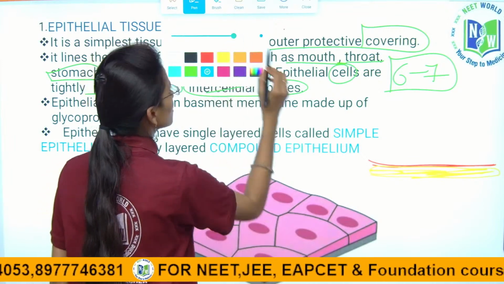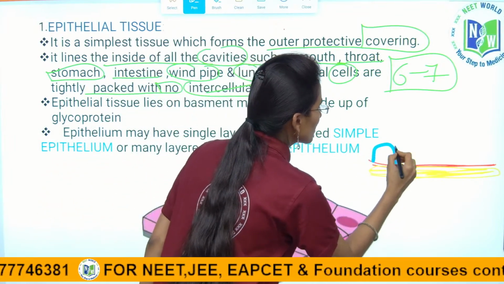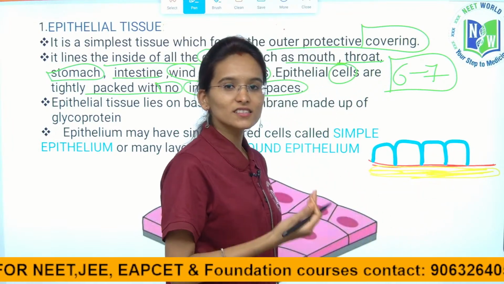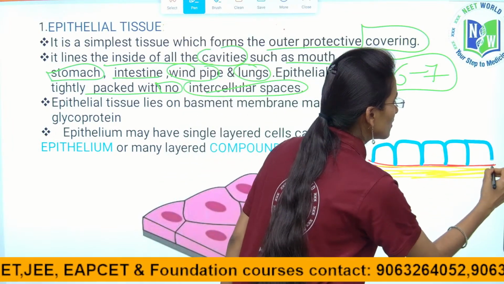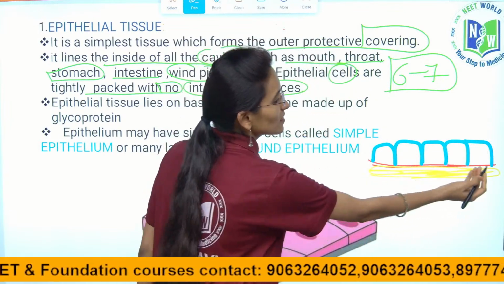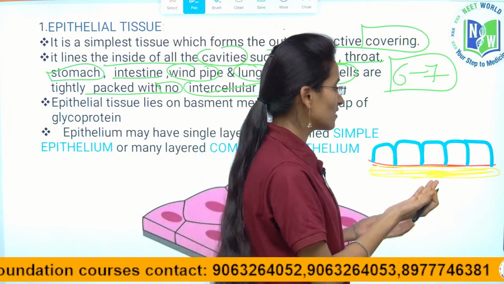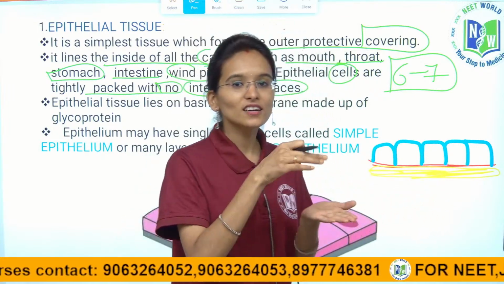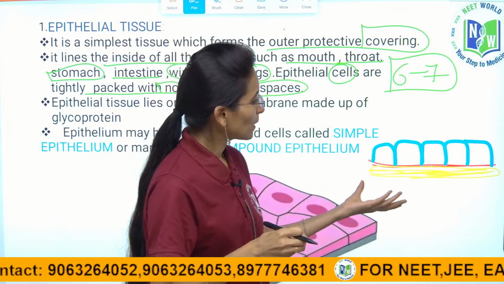Epithelial tissue. These blue colored structures I am drawing are cells which are similar in structure and function, hence it is called a tissue. This red colored line acts like a barrier, and all the cells are embedded on it.